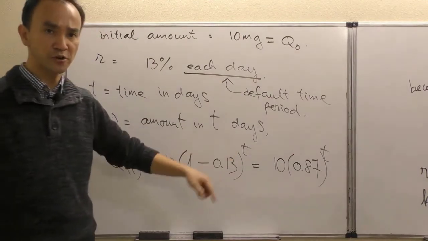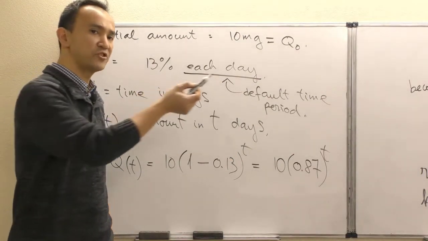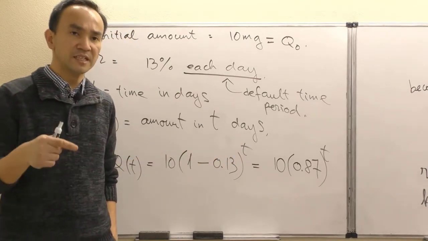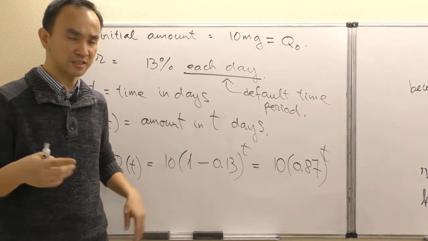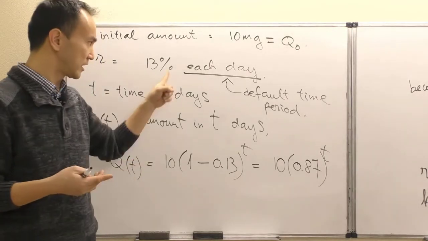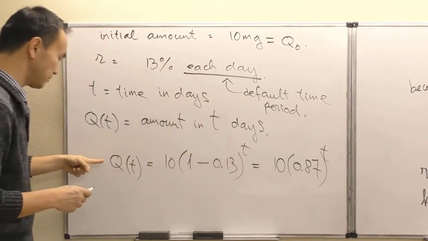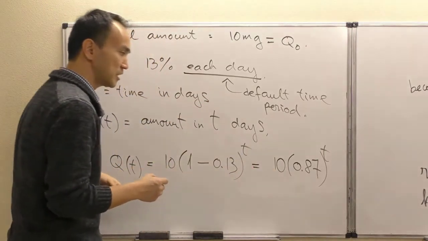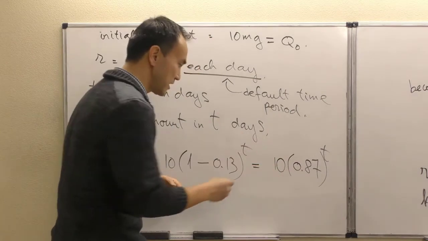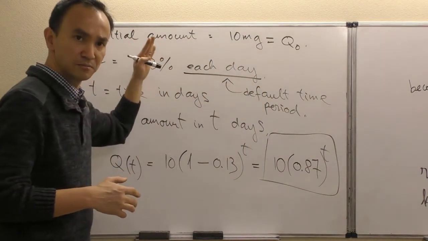It's an exponential function, ladies and gentlemen. Now, alongside what I have just explained about the concept of a continuous process, we have a periodic rate indicated instead of a continuous rate. So this model Q of t equals 10 times 0.87 to the t is more direct.